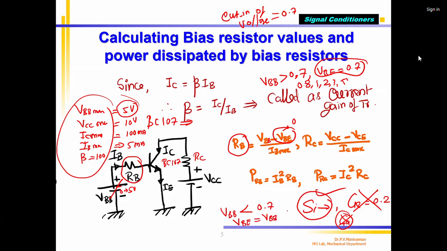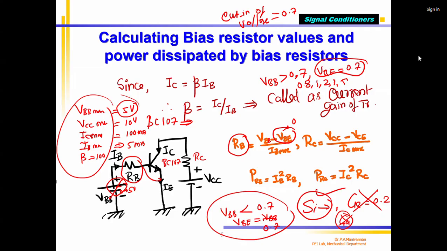Note down. If the supply voltage is lesser than 0.7, VBE is the same as the supply voltage, this base voltage. Once VBB is greater than 0.7, VBE becomes 0.7 volts always.